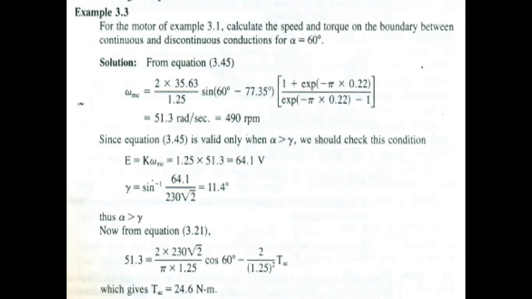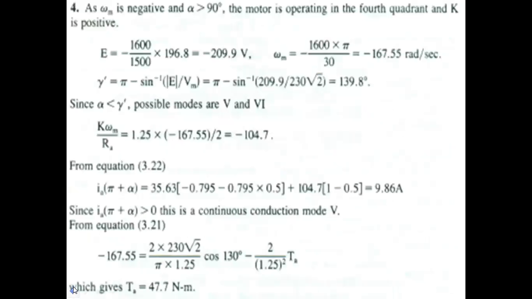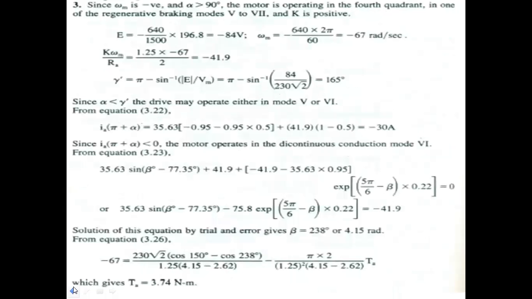If you want to convert into RPM, multiply by 60 by 2 pi.